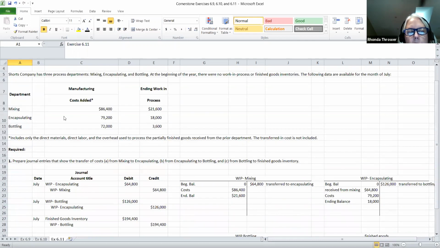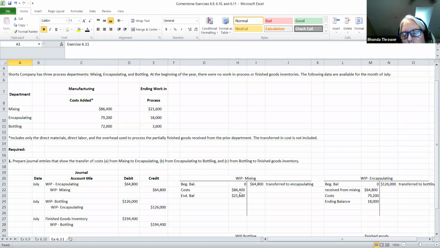Then I wrote down what they told us about the mixing department. You see, they had some cost added of $86,400. So I put that as a debit to my work in process account. They told us that we had an ending balance, so I plugged that in as my ending balance.